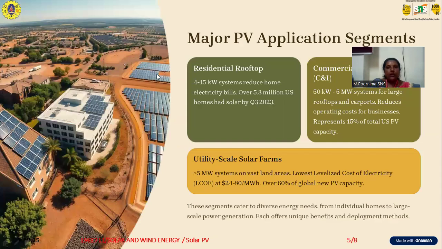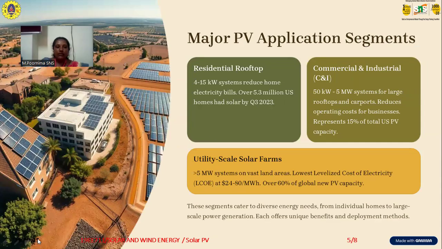Now coming to major PV application segments, we have three segments. One is residential rooftop. Next is commercial and industrial. Third is utility scale solar farms. Residential is 4 to 15 kilowatts, commercial is 50 kilowatts to 5 megawatts, and utility is greater than 5 megawatts systems.